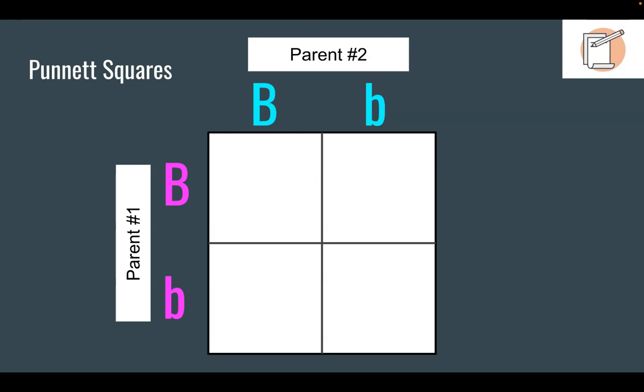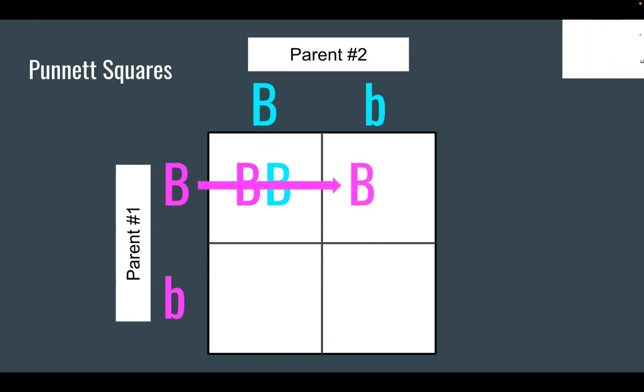Now we can go through all the possible combinations that these parents might provide to their offspring. So parent number 1 and parent number 2 might both pass down a dominant gene, or parent number 1 might pass a dominant and parent number 2 would pass a recessive. Or you might get the flip.